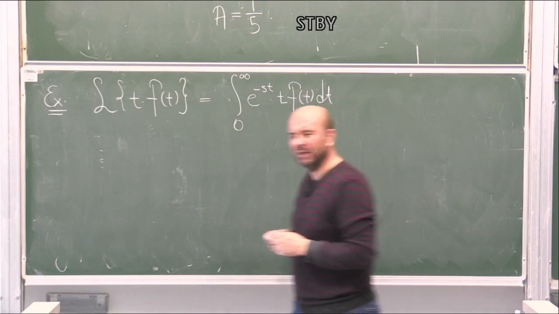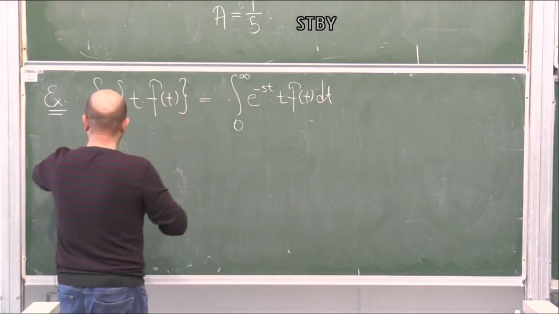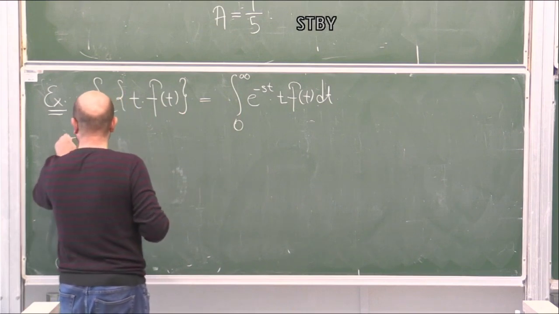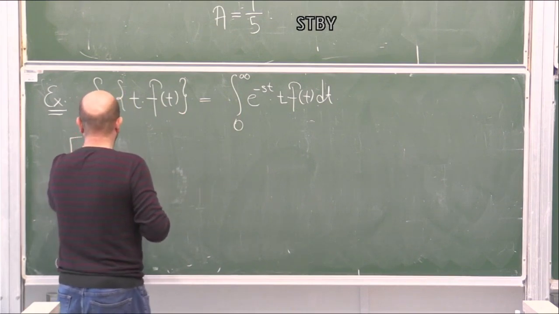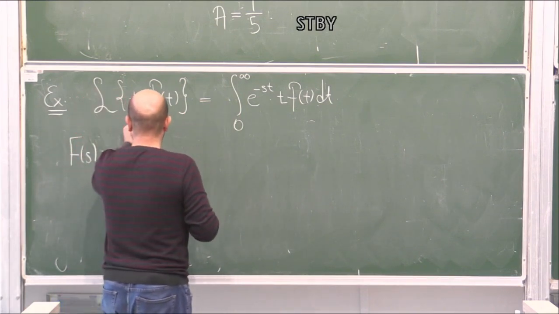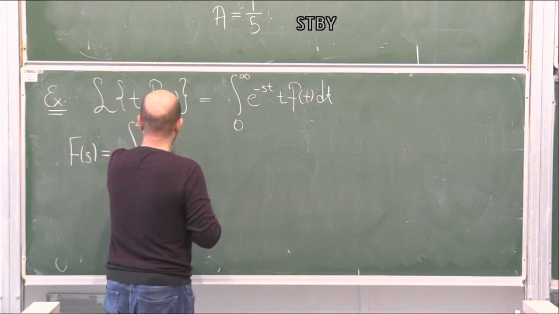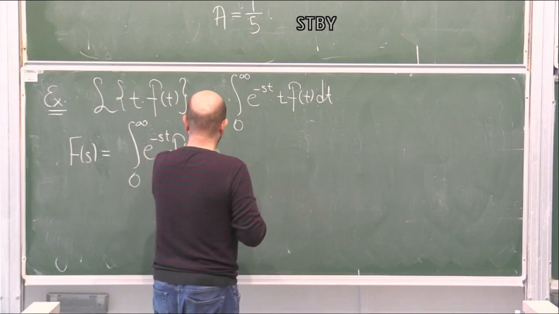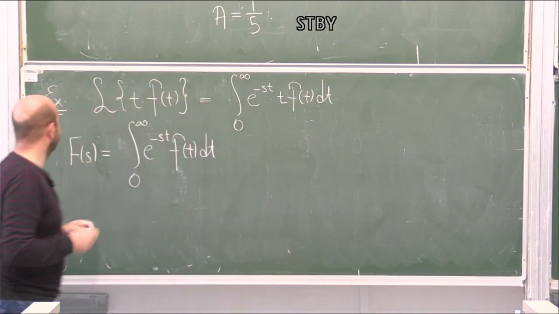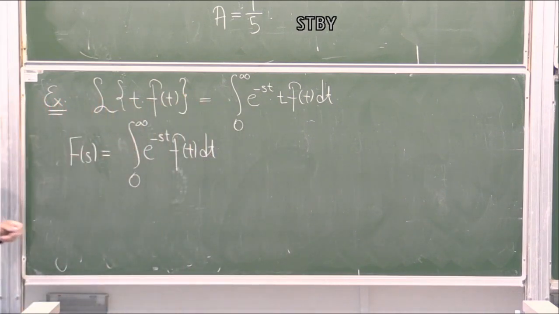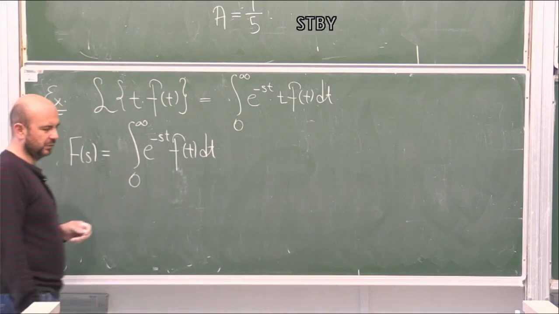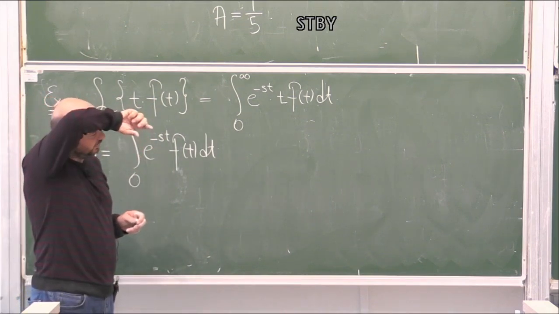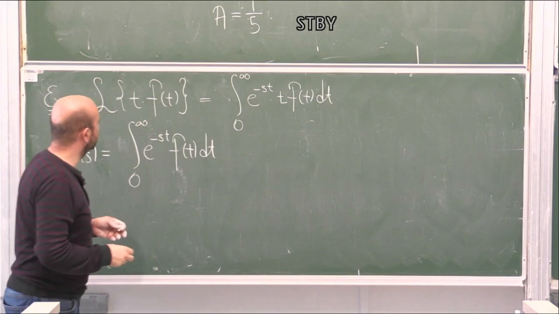Now what was F of s before this? F of s is the Laplace transform of the small f, the integral of e to the minus st f of t dt. I will cut the story short.